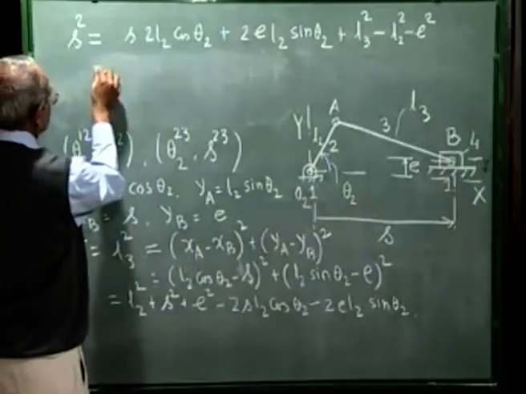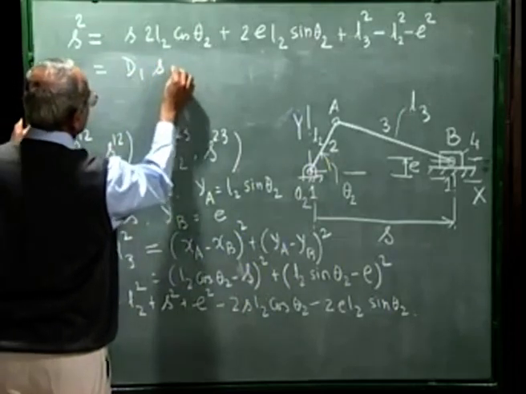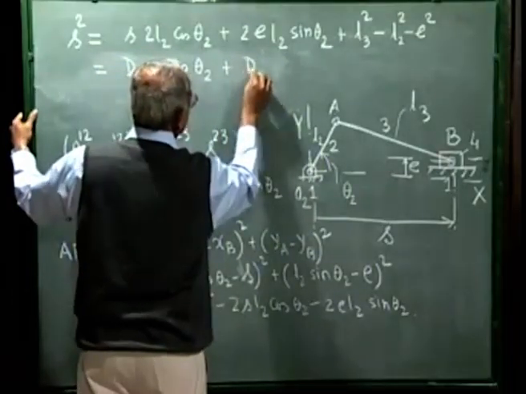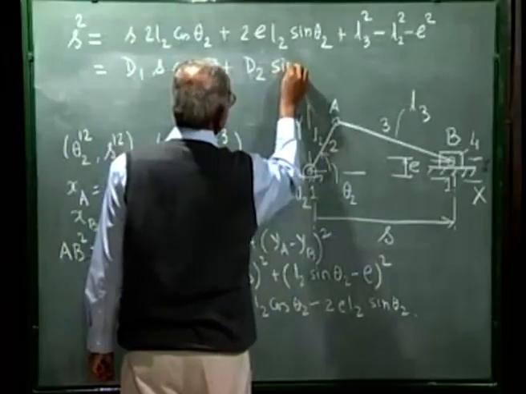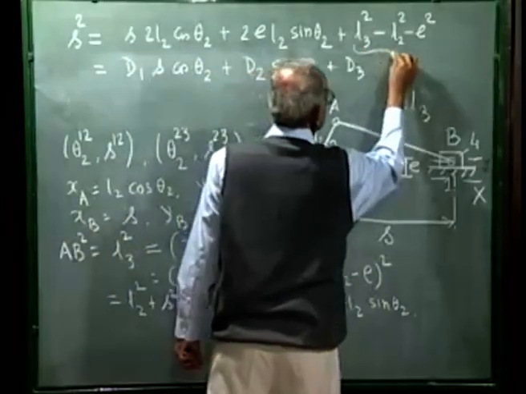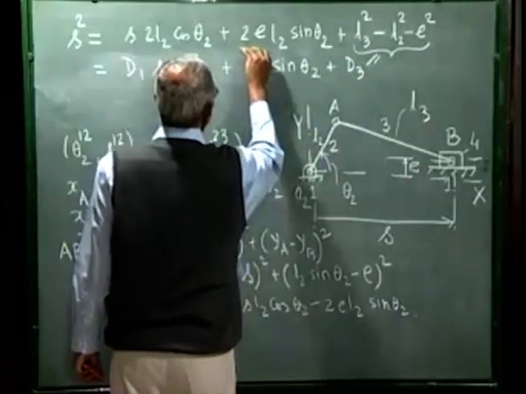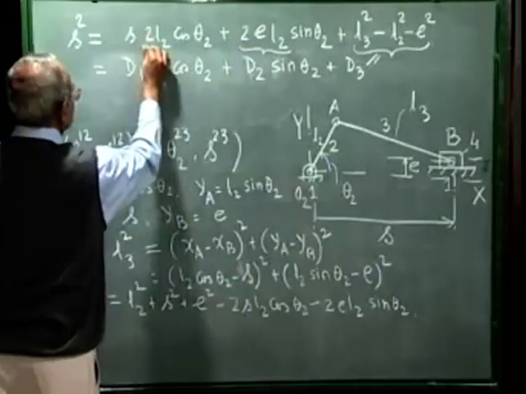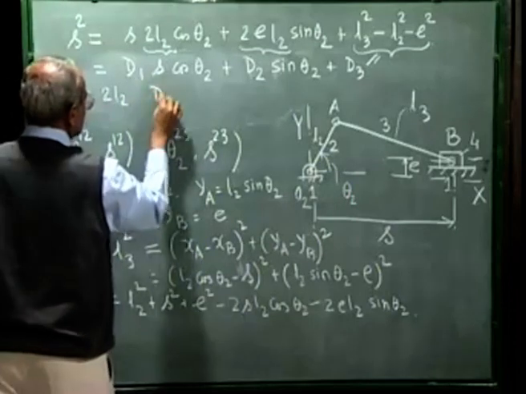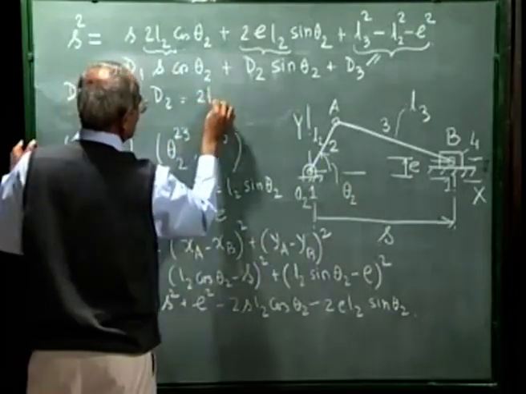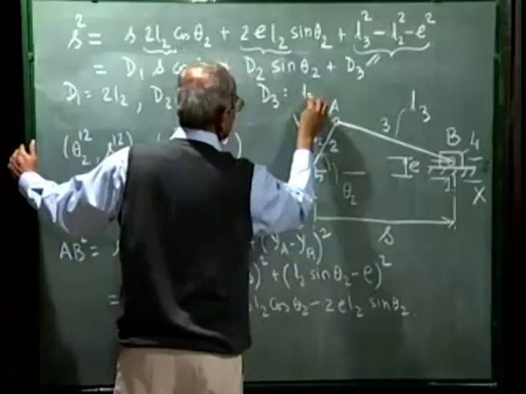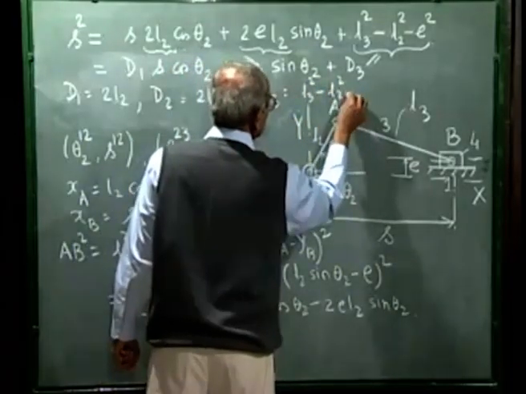So, here we write this as d1 S cos theta 2 plus d2 sin theta 2 plus d3, where d1 is equal to 2L2, d2 is equal to 2L2 into E, and d3 is L3 squared minus L2 squared minus E squared.